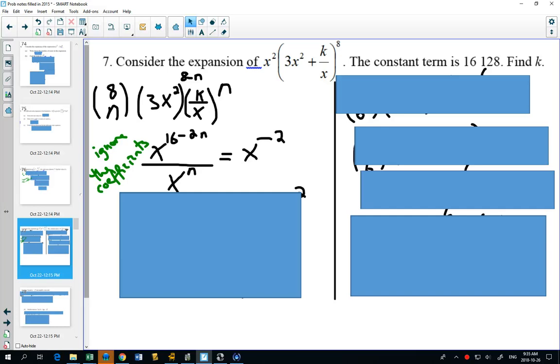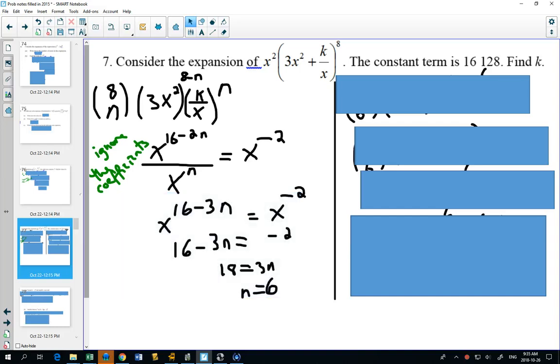Now, I introduced the variable n here. You could use r from your formula sheet, would be fine as well. But with that, you can find out that your n value or your r value has to be 6. Which means it's term 7.